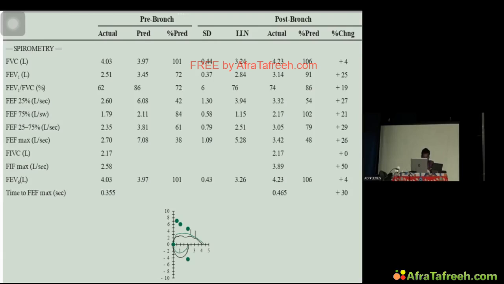So this is the scenario. The patient tells that she is a known case of asthma. She was on regular medications previously, but after that she stopped medications. But now recently she developed breathing difficulty, and she feels that this is not equal to her routine asthma symptoms. Usually, whenever she gets asthma symptoms, she takes medications and it gets relieved, but this is not getting relieved. And this is a spirometry report.